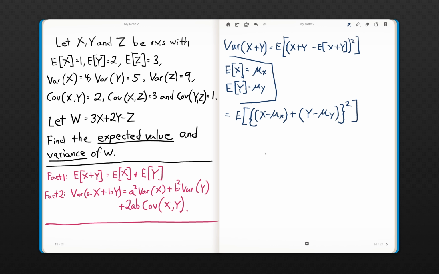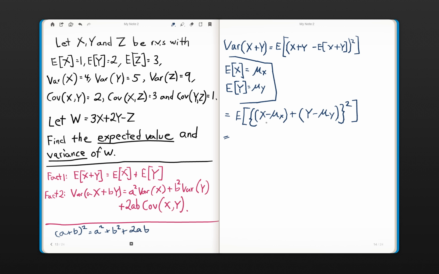So now before I write the next step, I want to do a little quick review of algebra. So if you have a binomial a plus b and you square it, we learned from algebra that this is equal to a squared plus b squared plus 2ab.